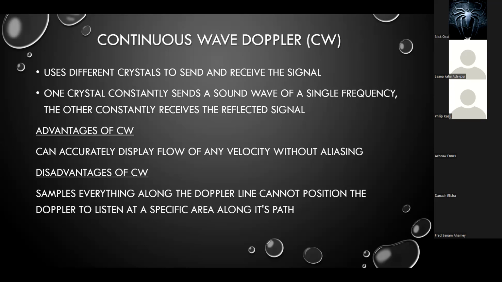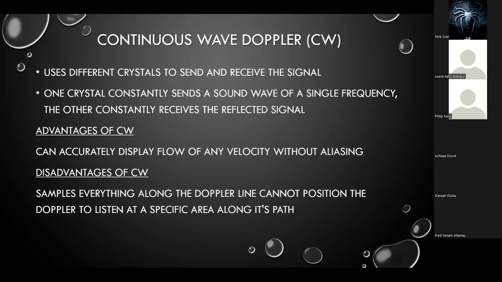So the advantage of continuous wave Doppler is that it's able to give us a more accurate measure of the velocity of any flow without aliasing. Aliasing is a term we use in ultrasound to describe a phenomenon that happens when you are not having enough sampling. Usually that occurs in the A and B mode of scanning.